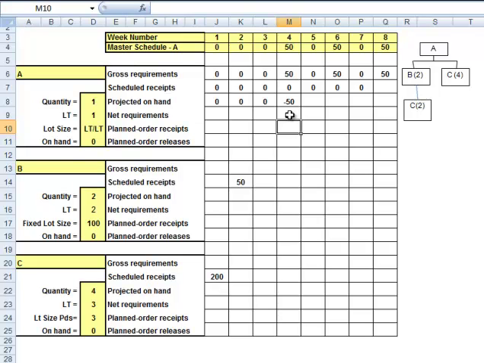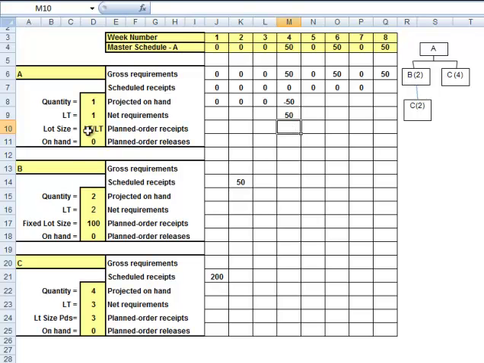Now I'm looking at the procedure. I'm looking at step number 5 now. It says to create a planned order whose receipt date is the same time period as the net requirement. So the planned order receipt date is going to be in time period 4. And also step 5 says the quantity of the planned order is determined by the lot size policy for this part.